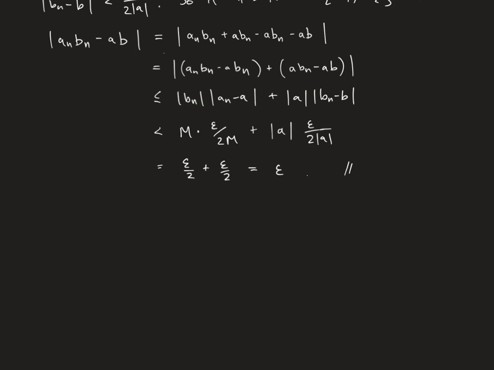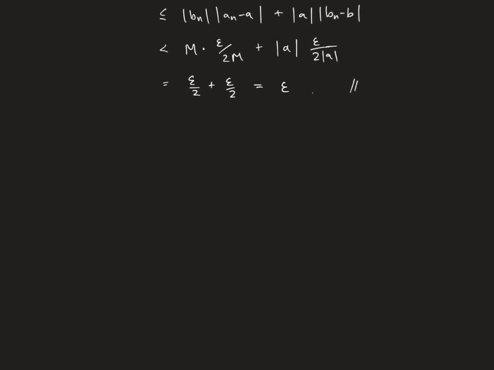Okay, so now the final part of the theorem is part 4, and that's about showing that an over bn approaches a over b. Now, the an over bn is just the same thing as an times 1 over bn. So if we think about this as a multiplication, we know that an goes to a.